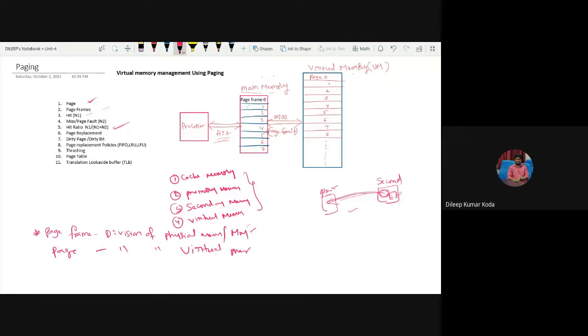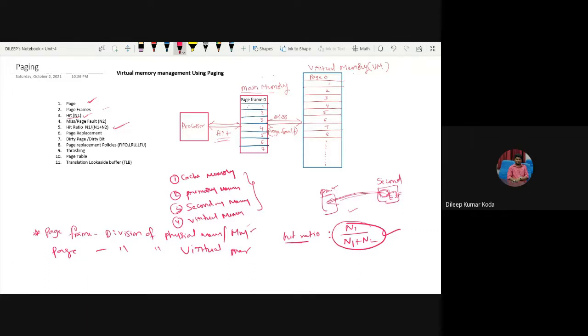Number of hits is n1, so it is n1 upon total attempts. Total means both hits and misses. So this is your hit ratio formula: n1 by n1 plus n2.